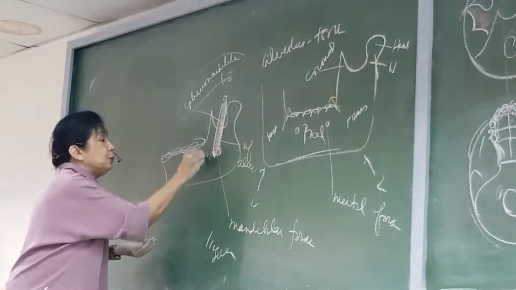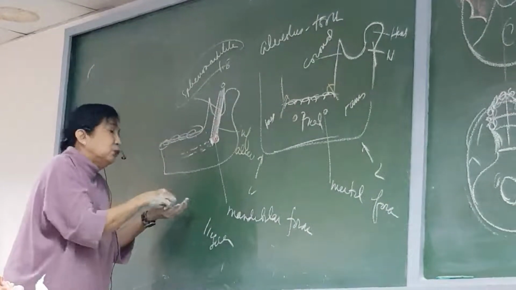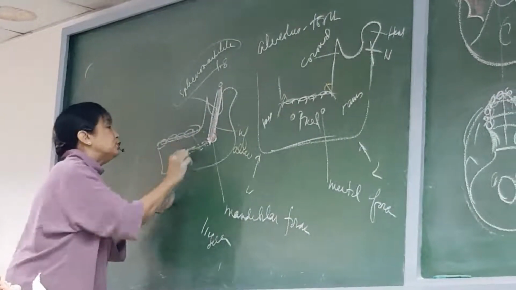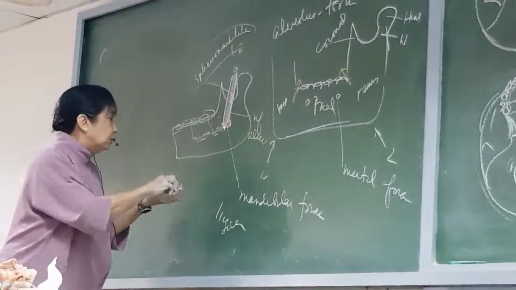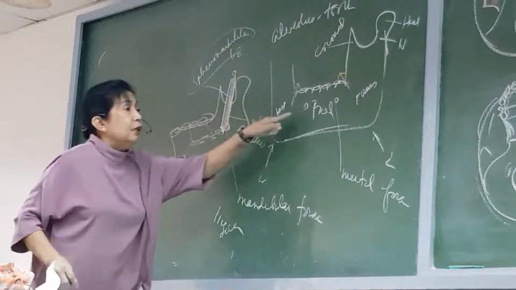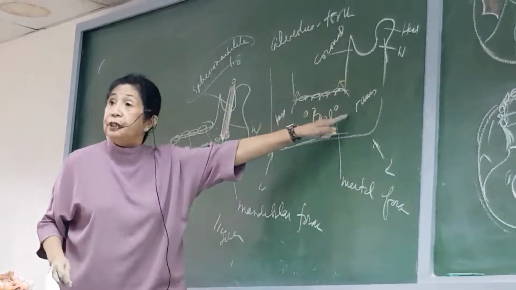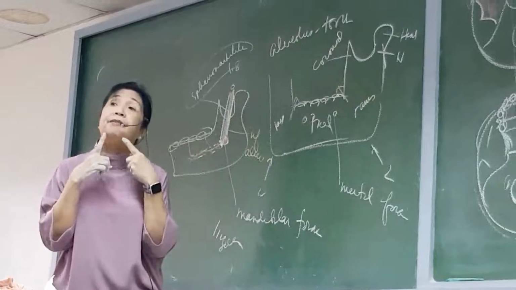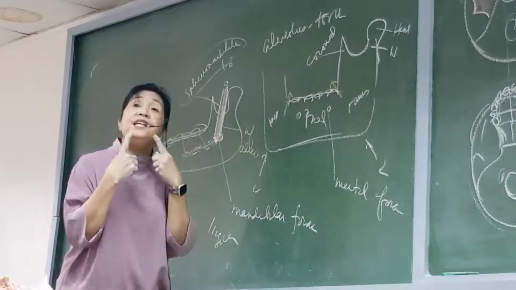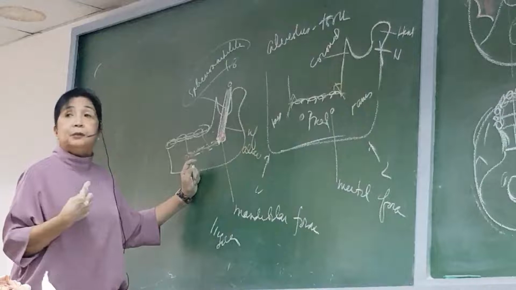Ang tawag doon, mandibular canal. So doon dumadaan yung inferior alveolar nerve kasi susuplayan niya yung mga lower teeth na yan. At paglabas niya dito, eto na siya. Mental nerve. Here in the mental foramen. Supplying the skin here for ordinary sense. Skin in the chin. Are you following?